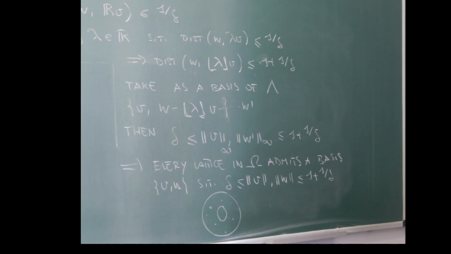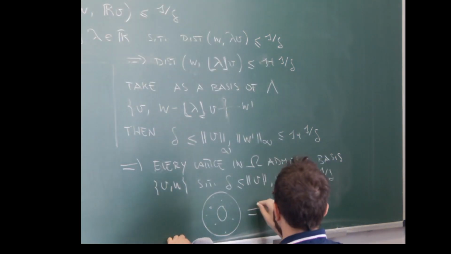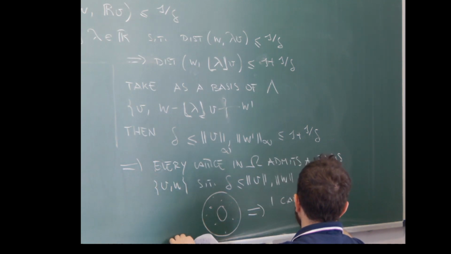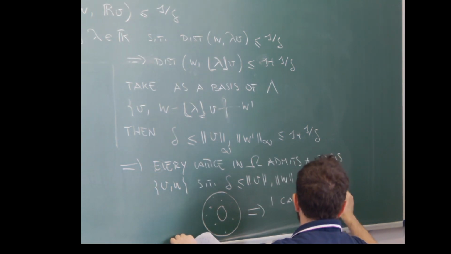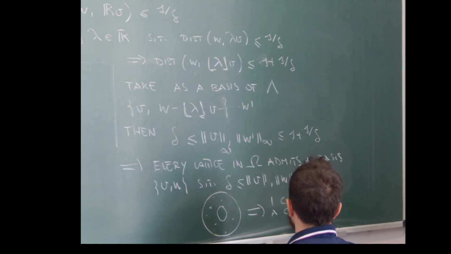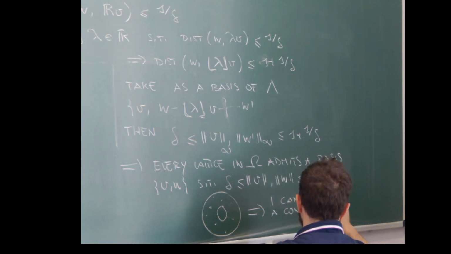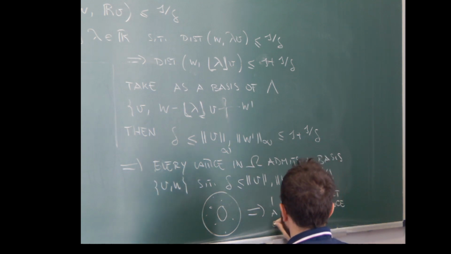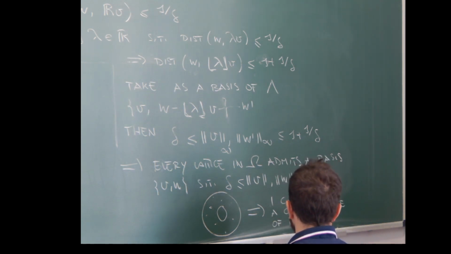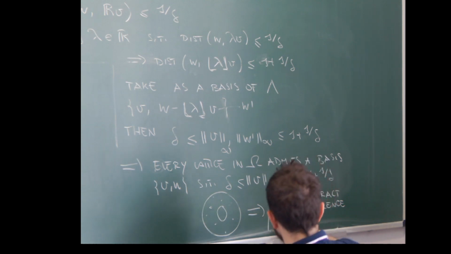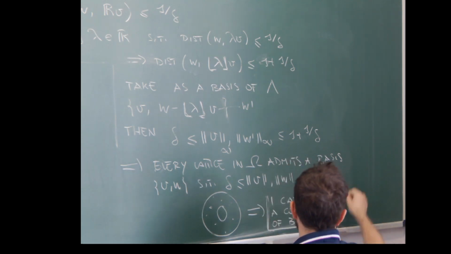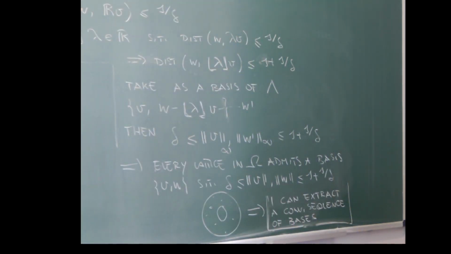So by compactness of this annulus, you can always extract a convergent sequence of bases. Does it make sense? Okay, good.